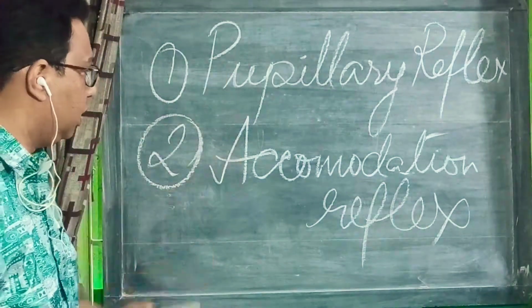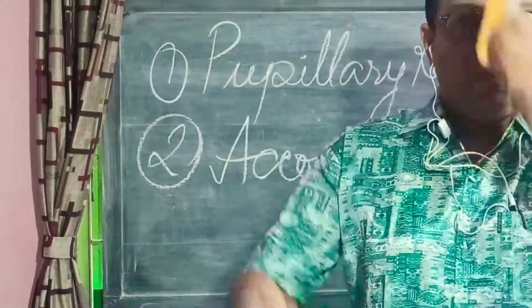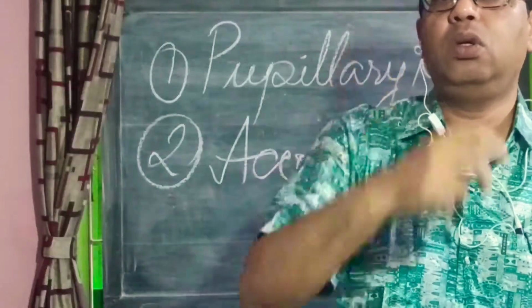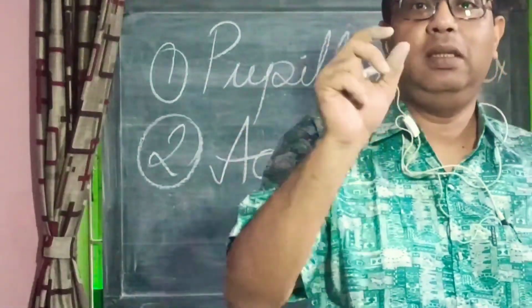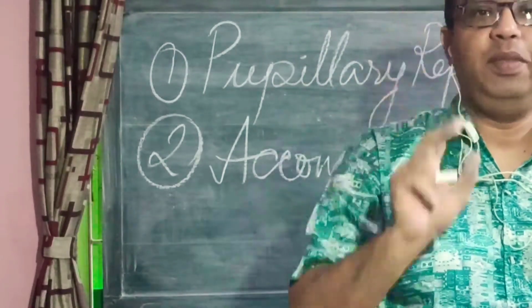Pupillary reflex and accommodation. It has been seen that when you shine light on one eye, the pupil is seen to contract. Usually the pupil has a diameter of around 8 millimeters and it can contract up to 1.5 millimeters.